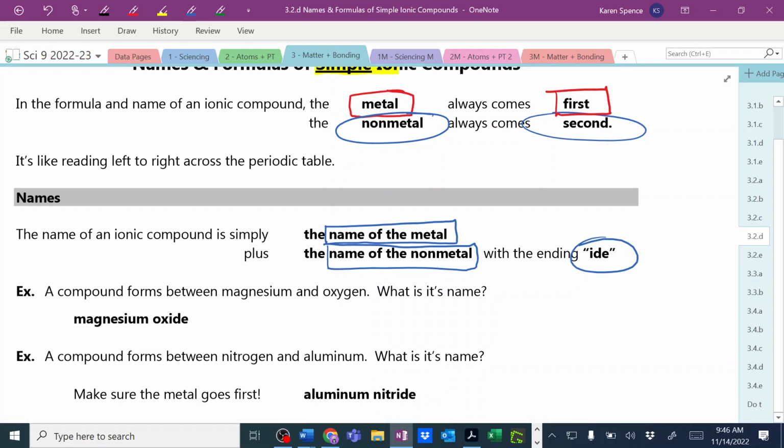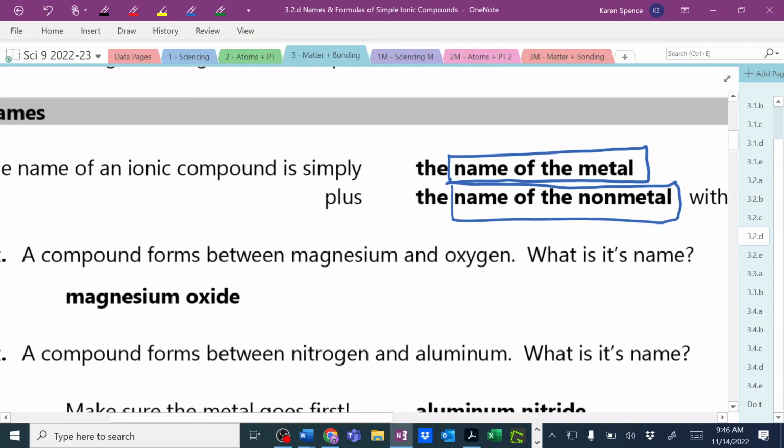So if we have a compound of magnesium, which is a metal, and oxygen, which is a nonmetal, we just name it magnesium oxide.